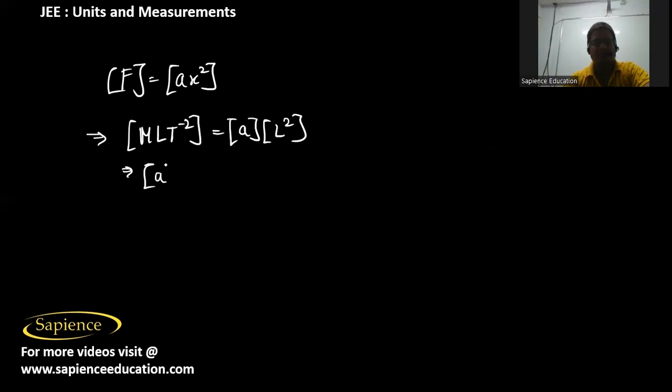So the dimensional formula for A will be M L power minus 1 T power minus 2.